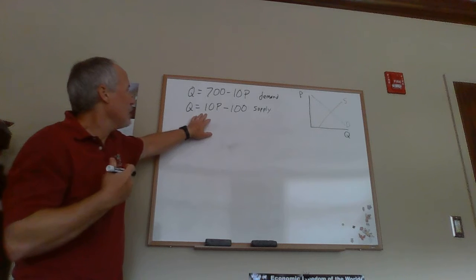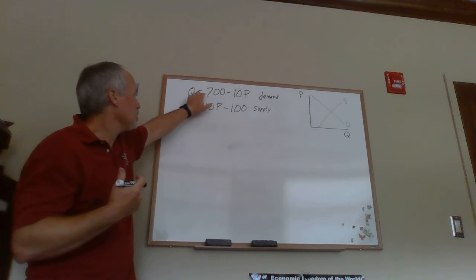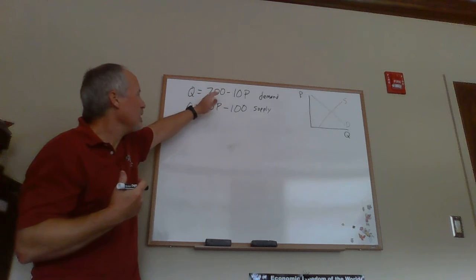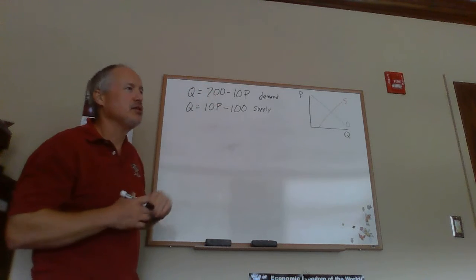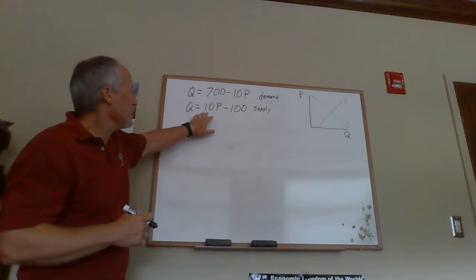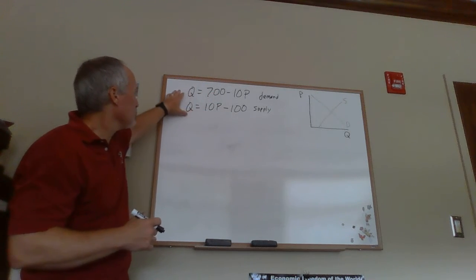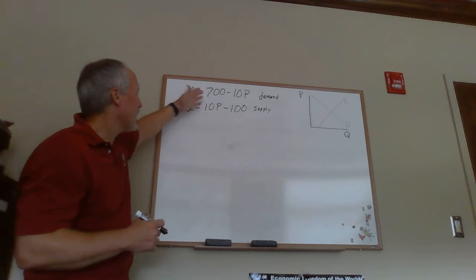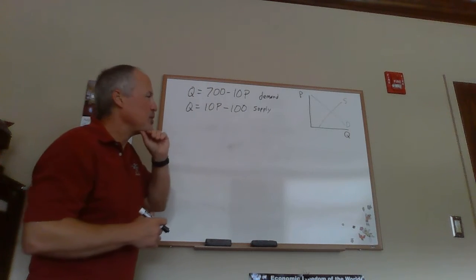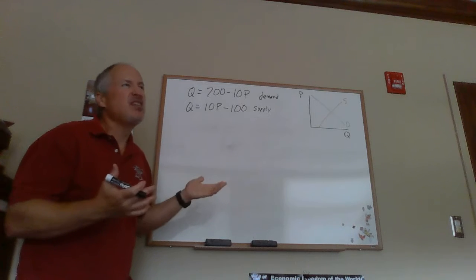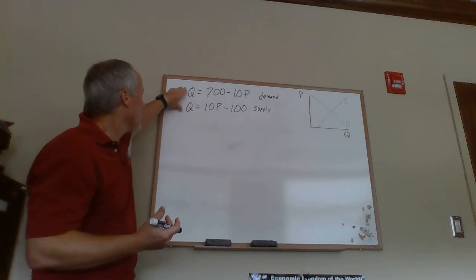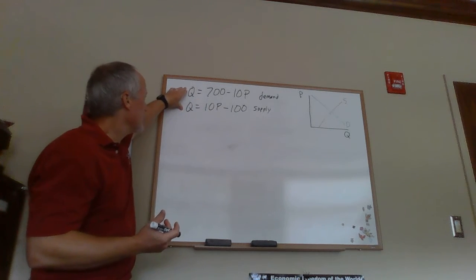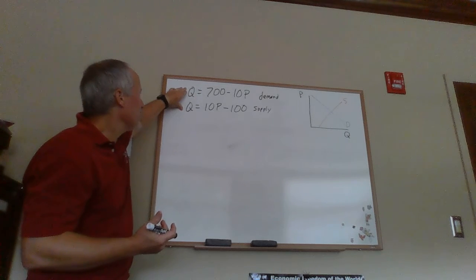Well, one way is you could solve for Q or P in one of these equations, then substitute into the other. The way we have the demand and supply curves written here, we have Q on the left-hand side and an expression with P on the right-hand side. So in this case, the easiest thing to do would simply be, at the equilibrium or the intersection, these Q's have to be the same.